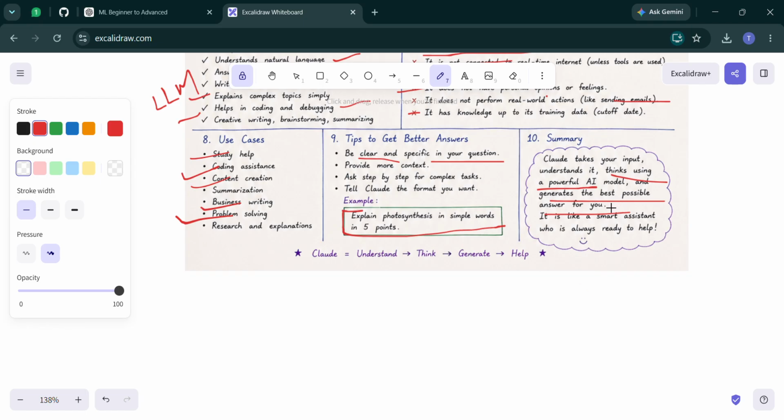You ask a question, and Claude breaks it into small pieces called tokens and understands your request. The neural network predicts words one by one, then generates the complete answer. The whole process happens in just a few seconds. That's how Claude works: understand, think, generate, help.